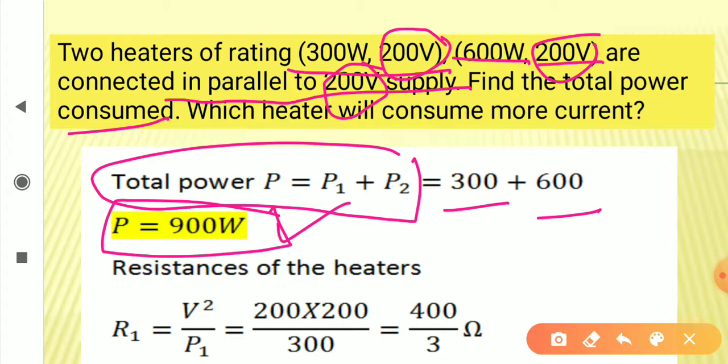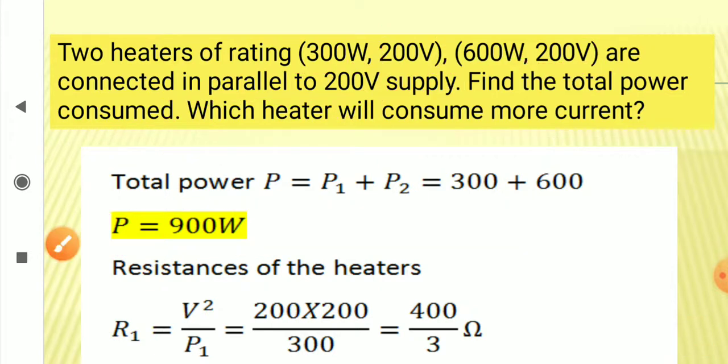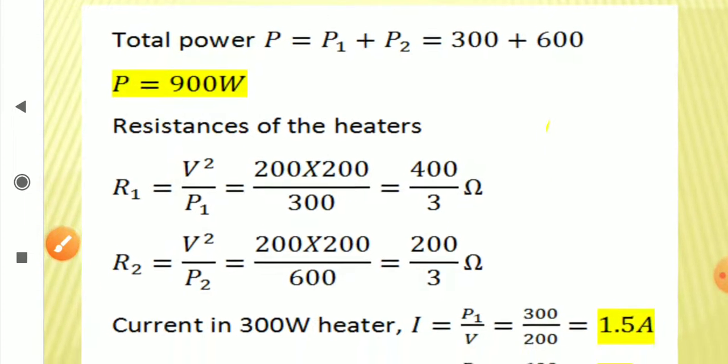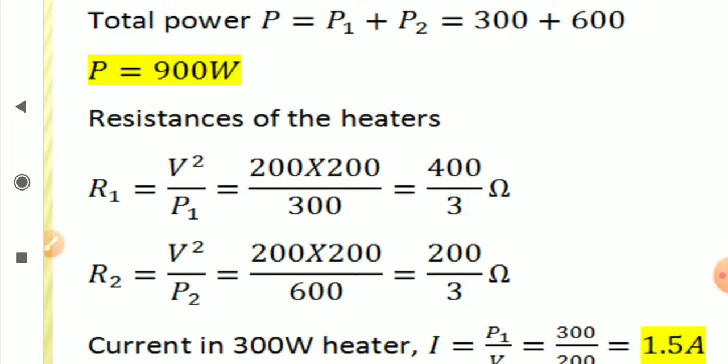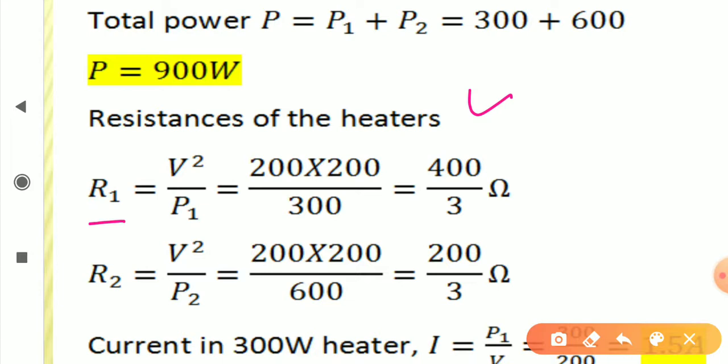Now the second part is, which heater will consume more current? And for this we must find out the resistances of the heaters. Now see, R is V square upon P. V is 200 volt. So 200 into 200 upon 300 for the first heater, or 400 upon 3 ohm.